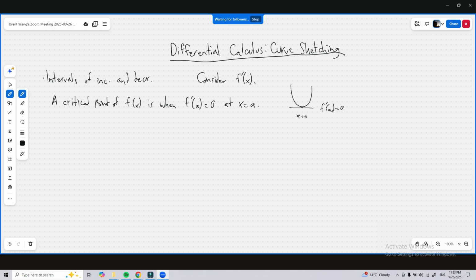And for functions, they have intervals of increase and decrease. If f prime of x is positive at a certain interval, then the function is increasing at this interval.